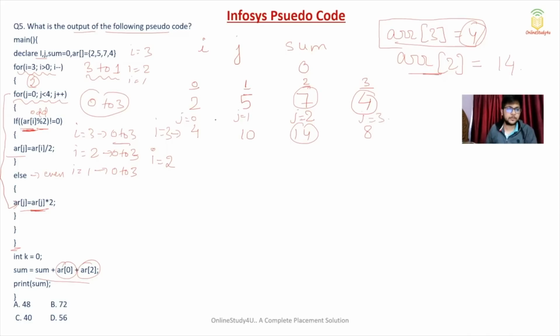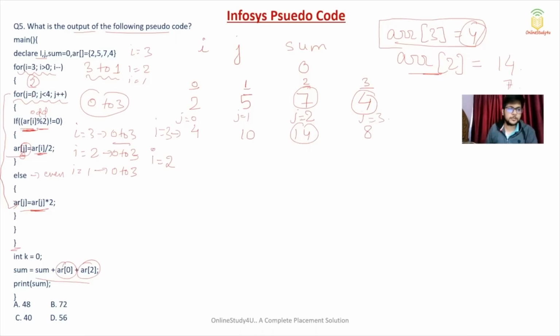And if it is even, it will double the value. And if it is odd, in that case, it simply reduces the value. I mean, at that position it will be array of i by 2, that is 14 by 2, that is 7.